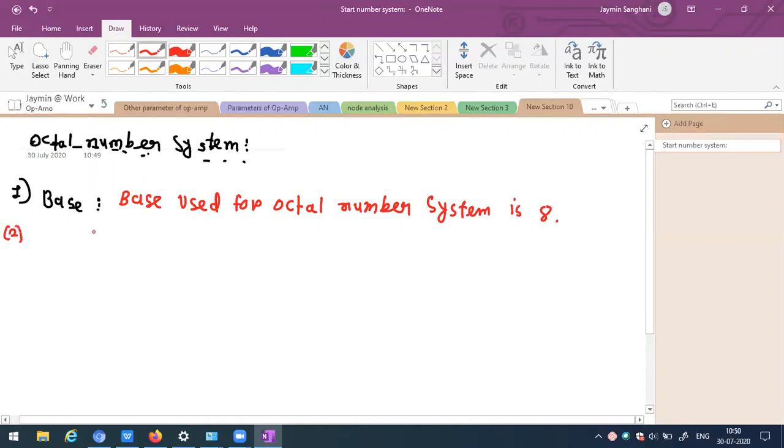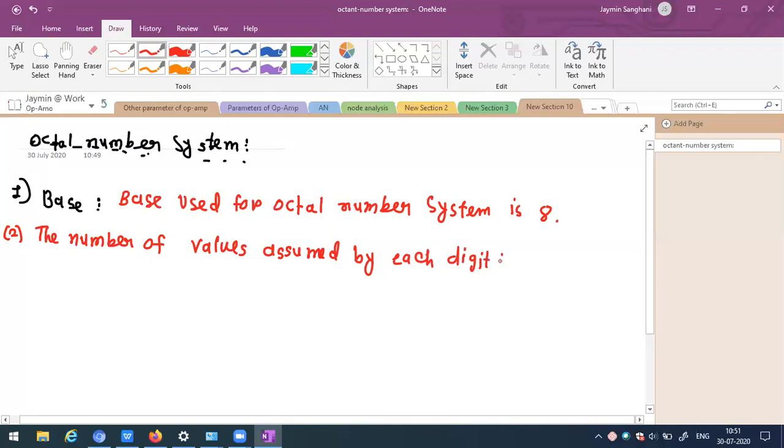Now second, the number of values assumed by each digit.